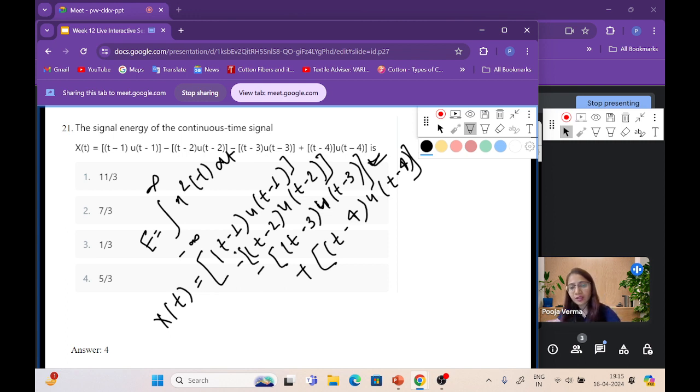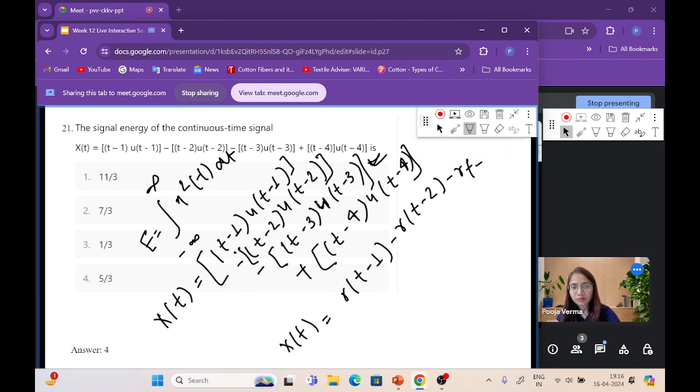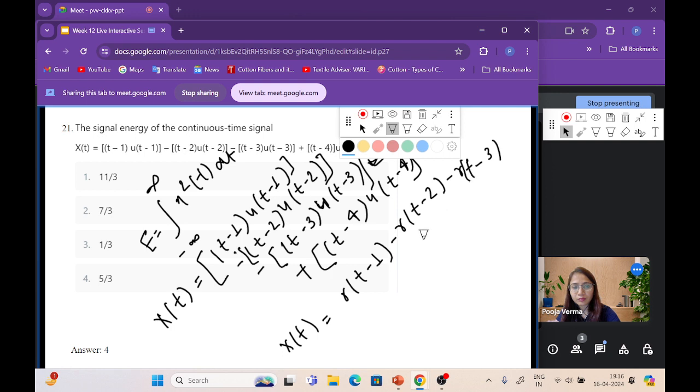So now x(t) can be written as r(t minus 1) minus r(t minus 2) minus r(t minus 3) plus r(t minus 4), right?